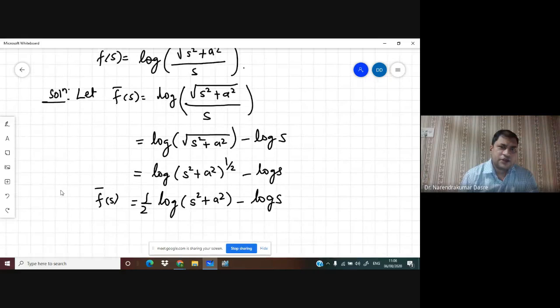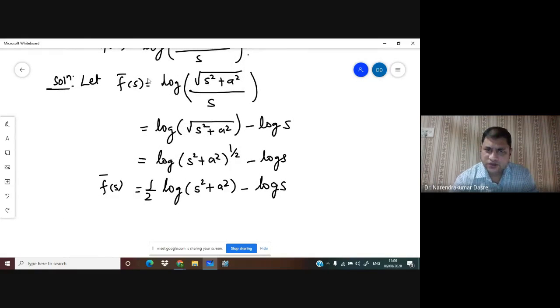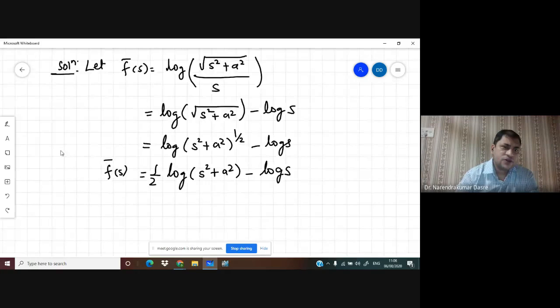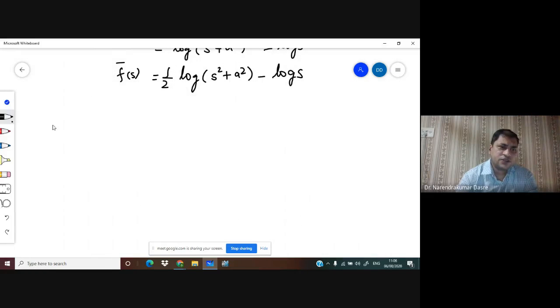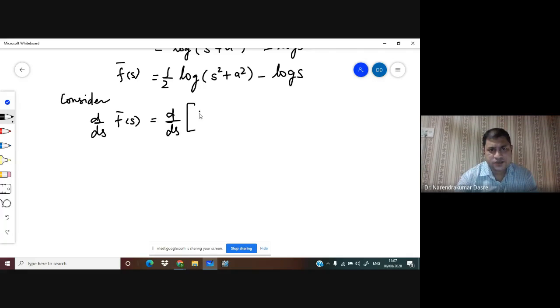So first try to understand the function. What is the given function? Try to get its simplest form and then apply the derivative. So now we have the simplest form of f bar of s, and we are able to apply the derivative. So I'll consider d by ds of f bar of s, and that is equal to d by ds of half of log of s square plus a square minus log of s.